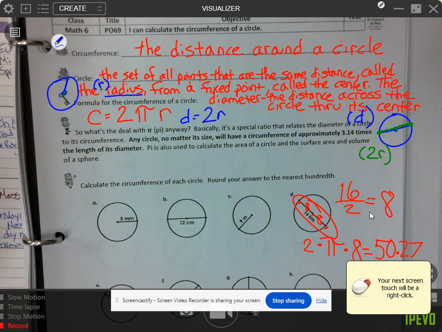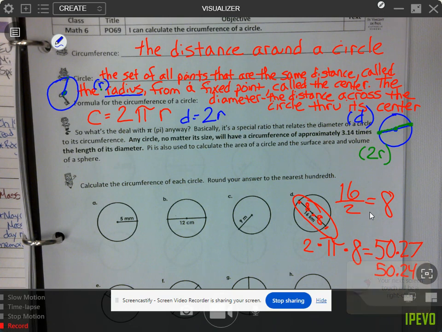Our diameter has 2 radiuses in it. So if I know the diameter, I can just put the diameter in and not multiply it by the 2. So instead of saying 2 times pi times 8, I could just do pi times the diameter. And I get the same answer.